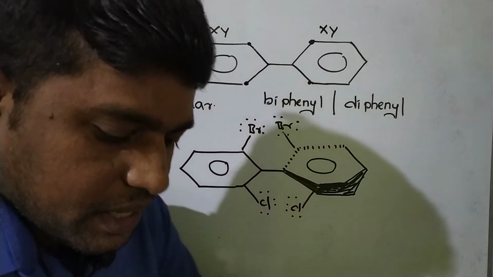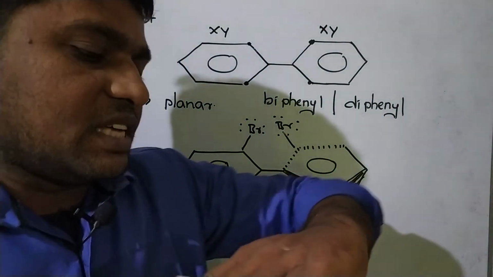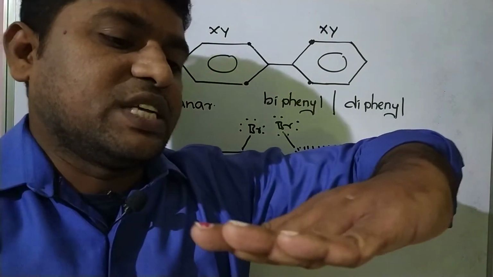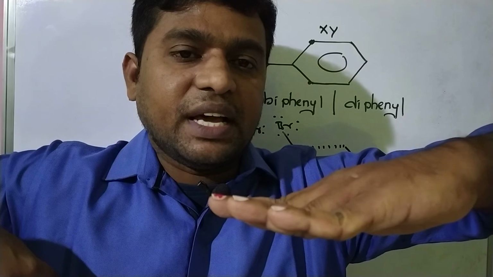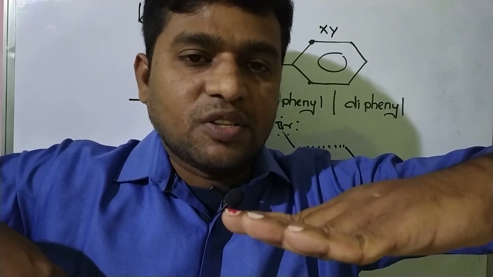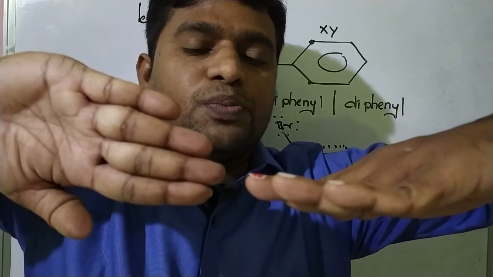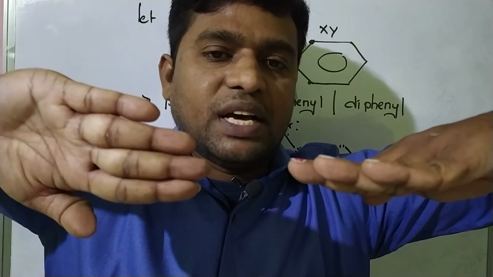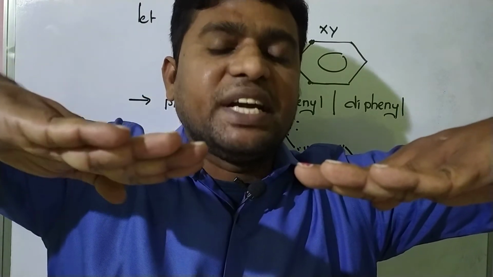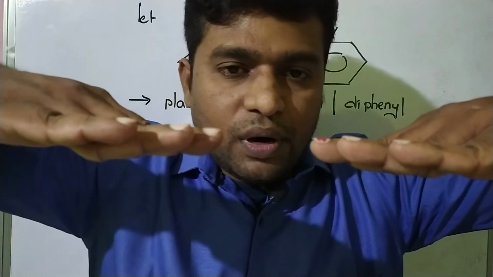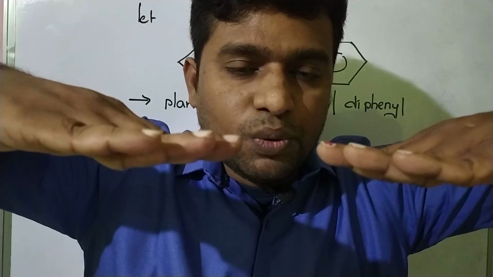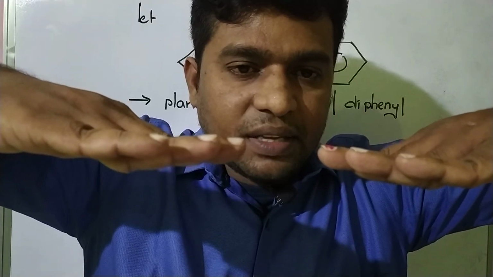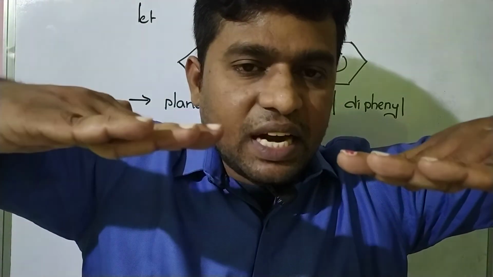See students, this ring is like this, this is one ring. After introduction of bulky groups at ortho positions, the two rings are like this. Means twisting takes place. Before introduction of bulky groups at ortho positions, the two rings are in the same plane. This is the first ring, this is the second benzene ring.